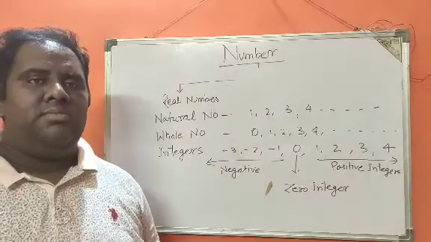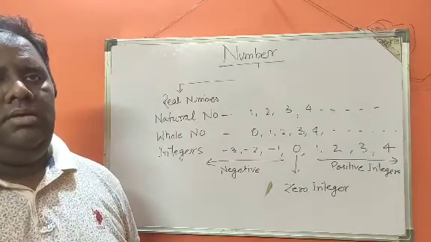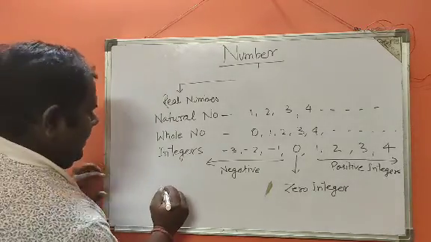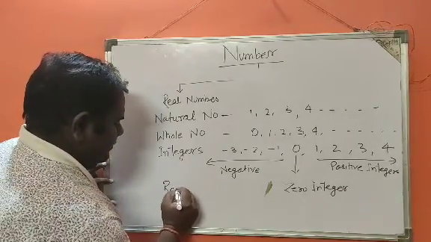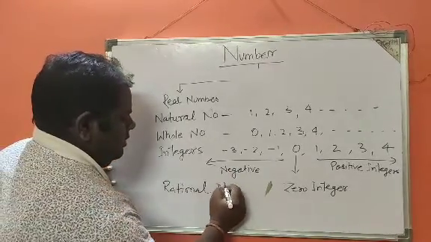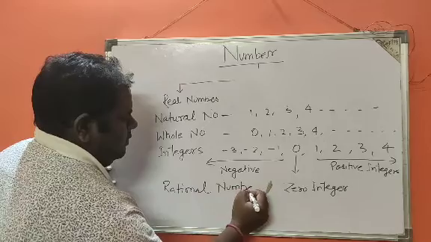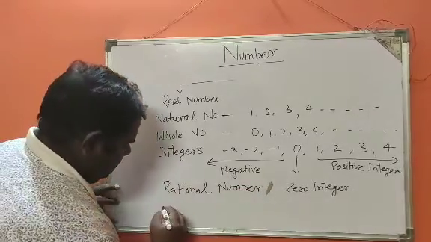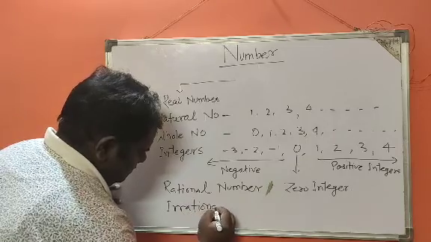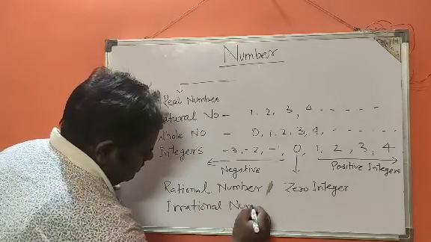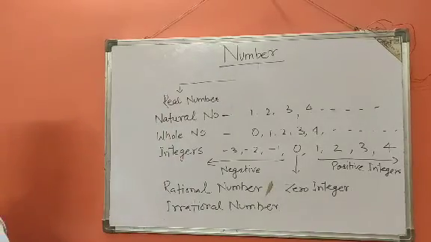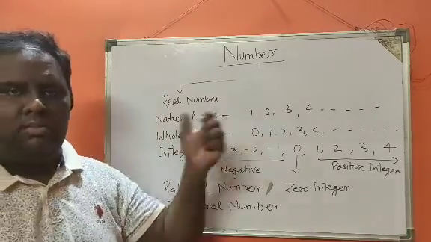Then after it comes rational number, and then it comes irrational number. So till now we have the whole numbers, complete numbers.